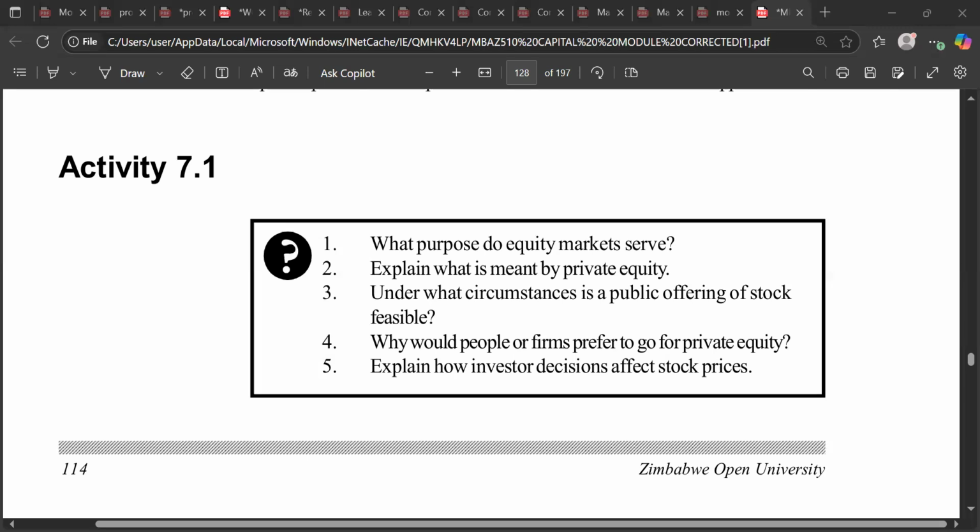Now, fourthly, equity markets serve the purpose of ownership transfer. They allow ownership in companies to be transferred between investors without affecting company operations.